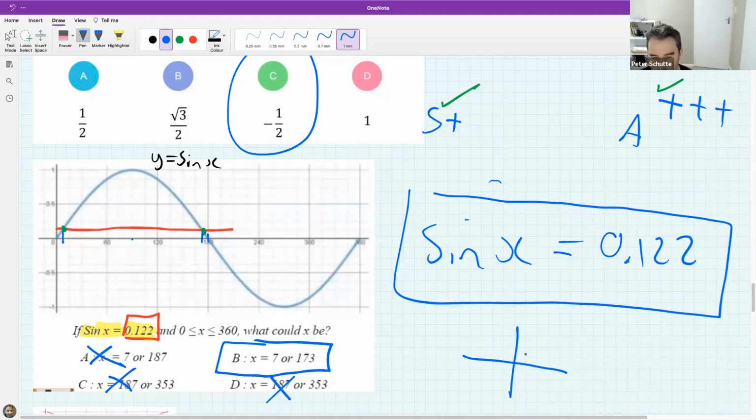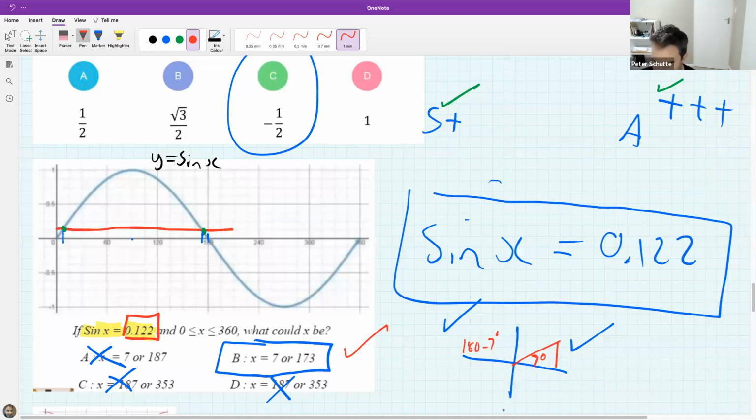The reason the CAST diagram is helpful is we know that sine is positive in this quadrant and this quadrant. The first answer we get in this case is just going to be 7 degrees. But there's also an answer on the opposite side, which is just going to be 180 minus 7 degrees, which is 173. I was just trying to connect those two worlds.